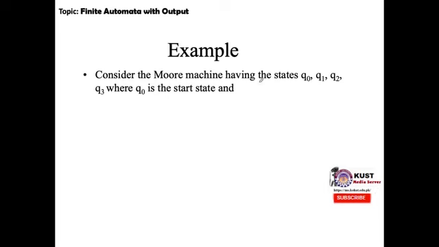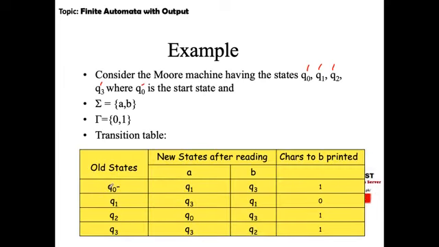Consider the Moore machine having states Q0, Q1, Q2, Q3, where Q0 is the start state, the alphabet is A, B, and the output letters are 0, 1, and the transition table is given as follows. So Q0, which is initial, Q1, Q2, Q3, and the new state after reading A or B. So when we go from Q0 to Q1 or Q3, what do we print?